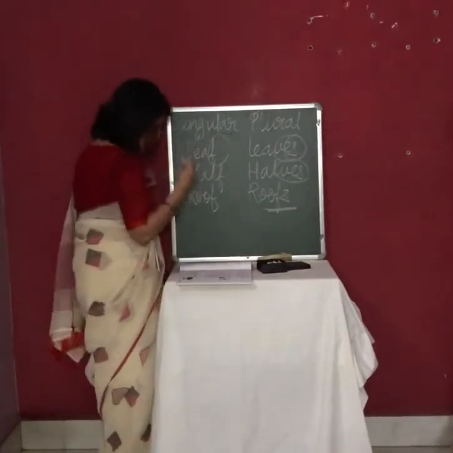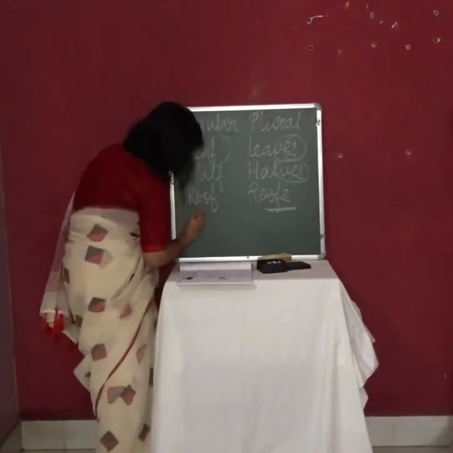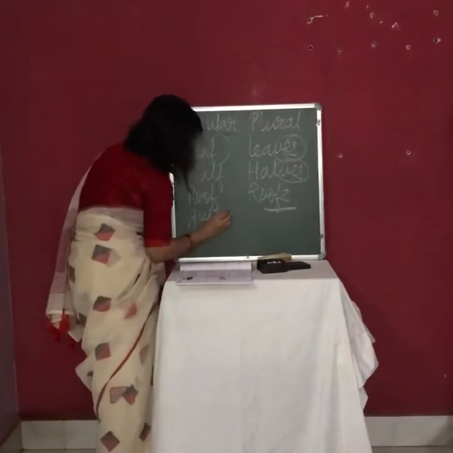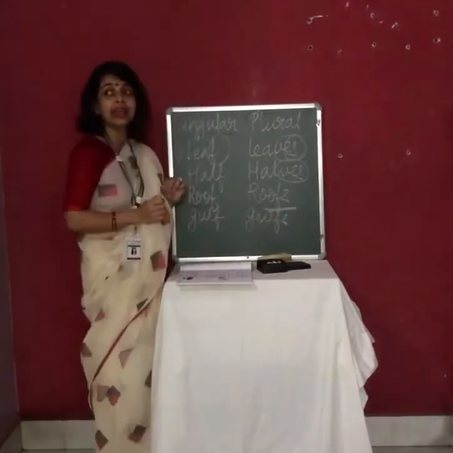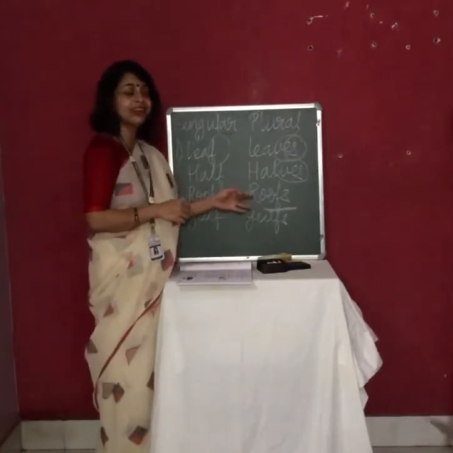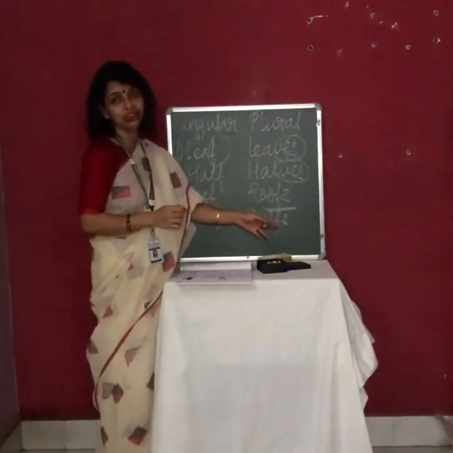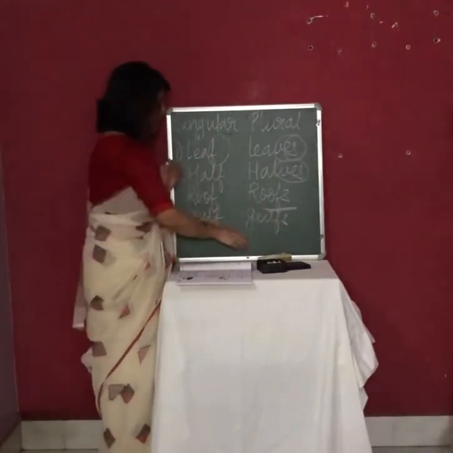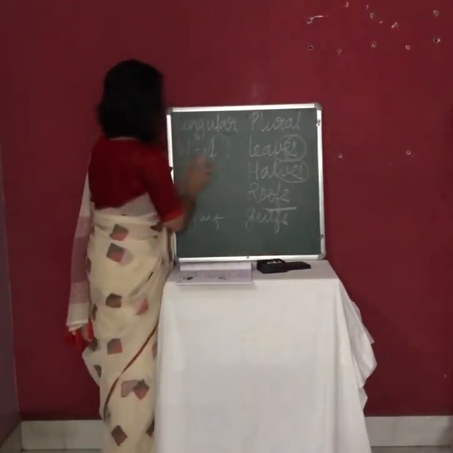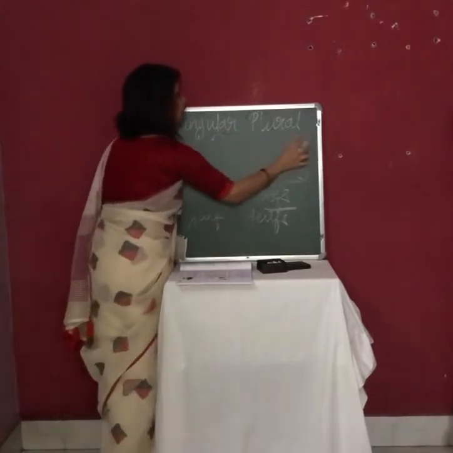Now let us take up another word. Gulf, G-U-L-F-S. Here, the spelling does not change. You simply add S beside the F. So what are the rules we have learned?